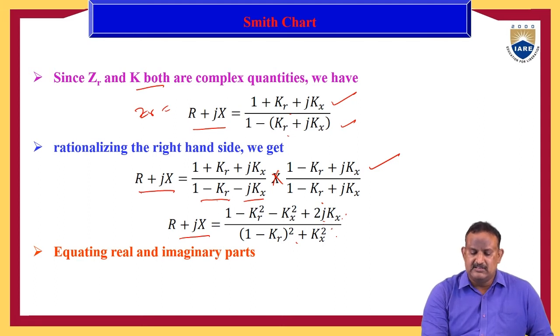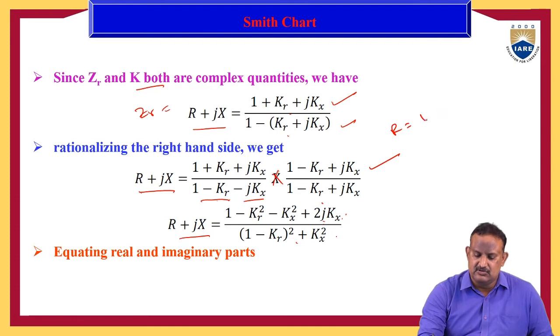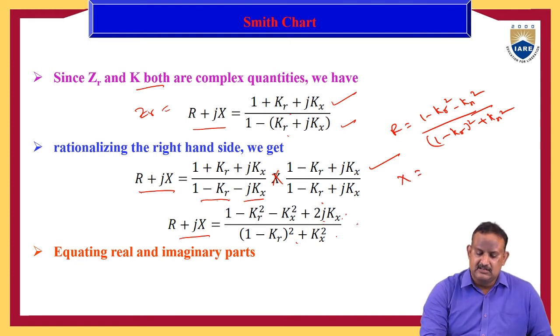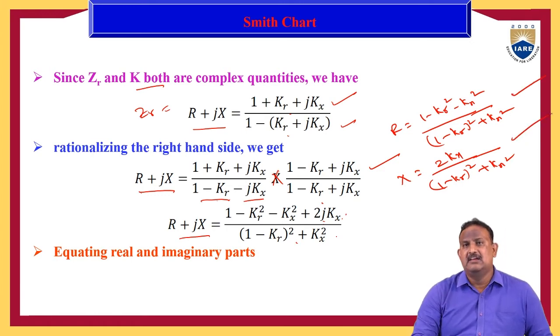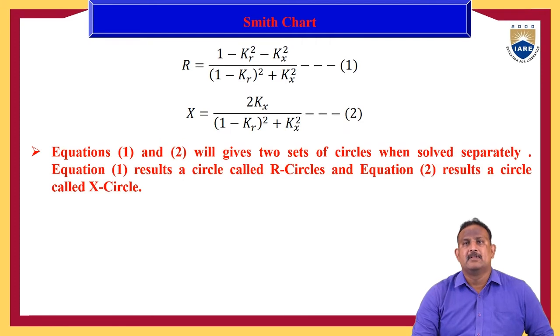Here we can separate the real and imaginary terms. The real part is R equal to (1 minus Kr square minus Kx square) by ((1 minus Kr) square plus Kx square), and the imaginary part is X equal to 2Kx by ((1 minus Kr) square plus Kx square), where R is a resistance circle and X is a reactance circle.